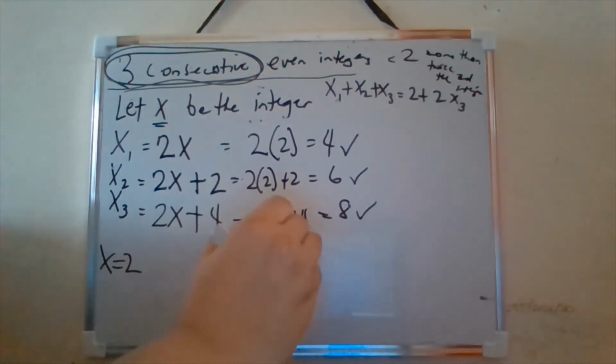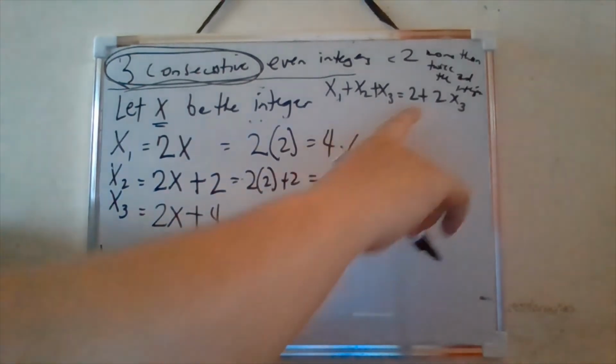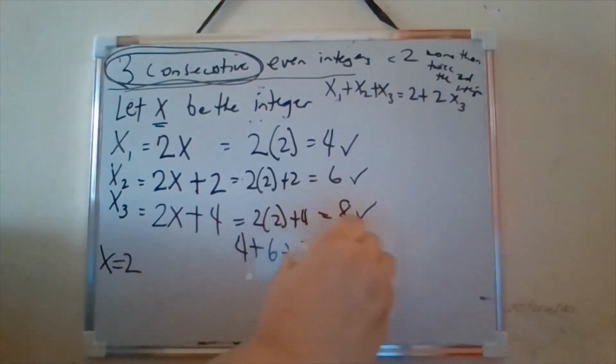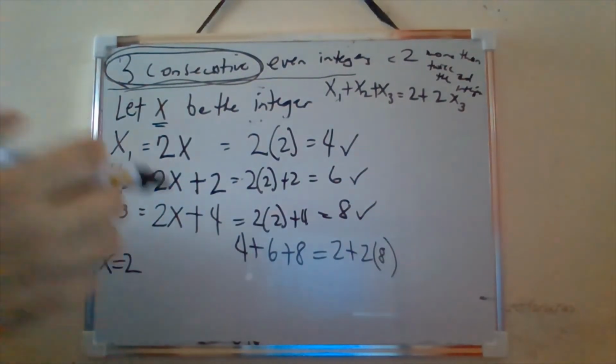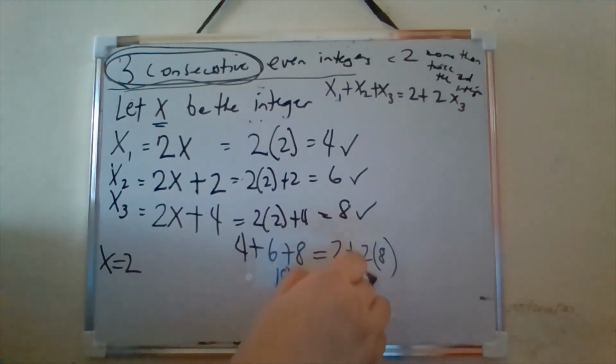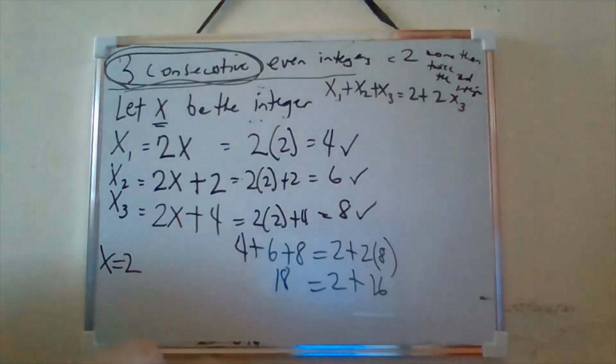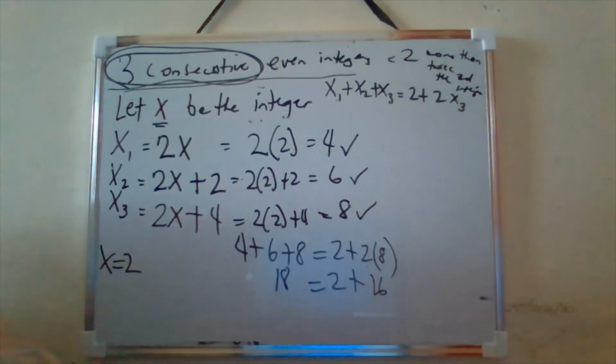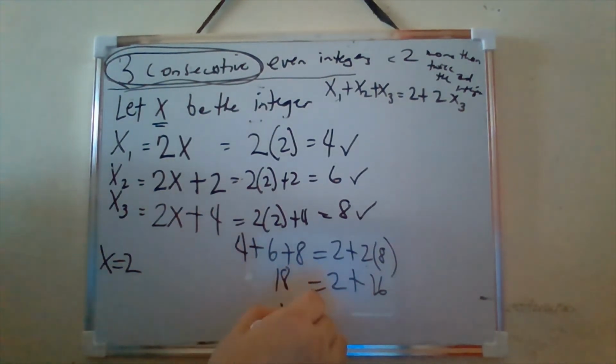So, 4 plus 6 plus 8 equals 2 plus 2 times 8. Okay. So, 4 plus 6 is 10 plus 8 is 18. Equals 2 plus 2 times 8 is 16. So, 18 equals 18.